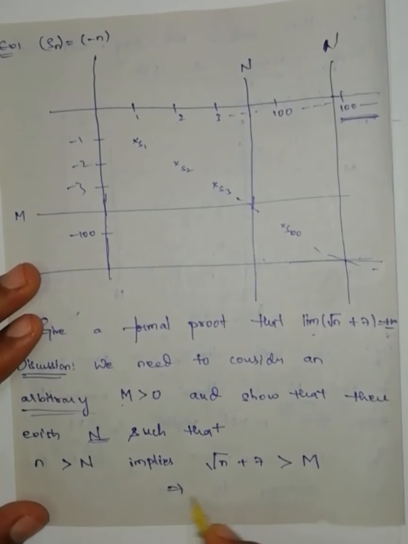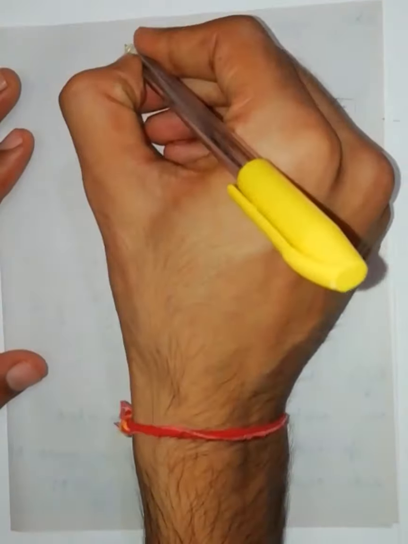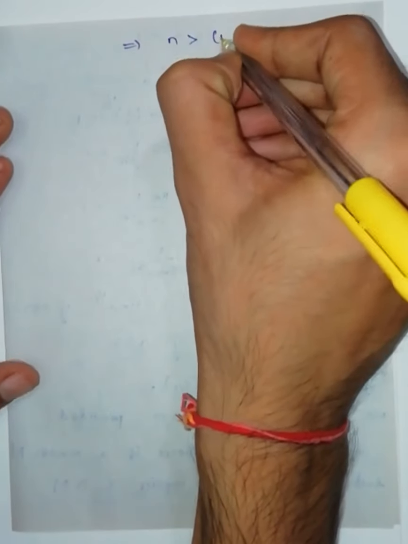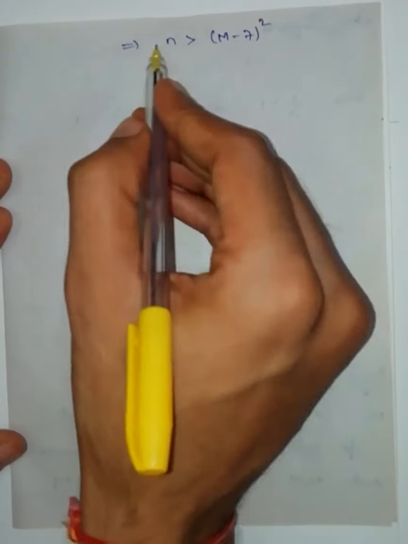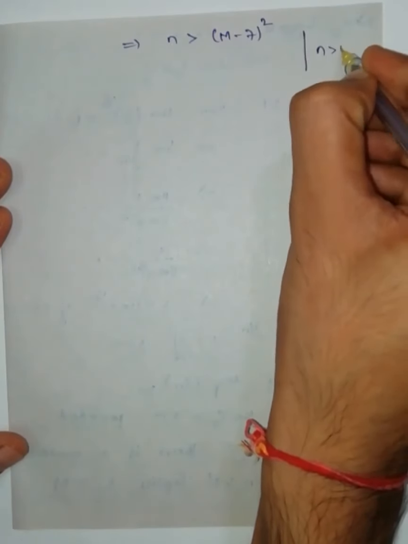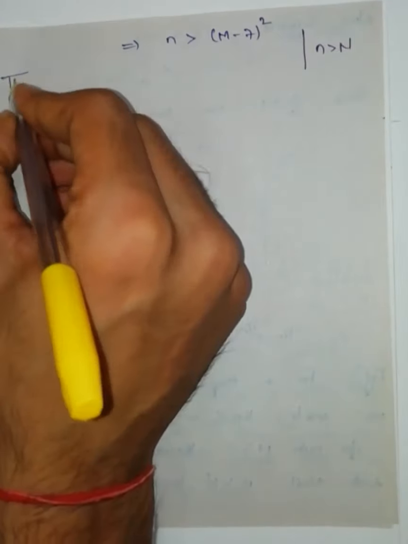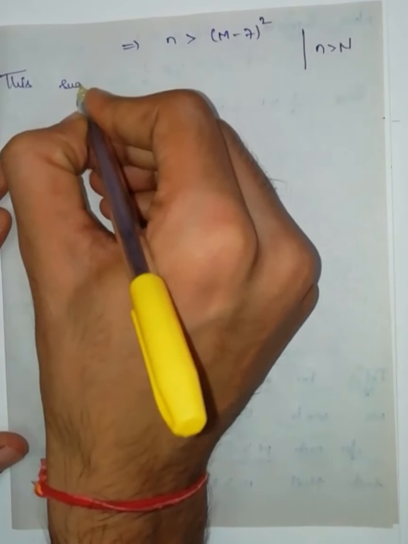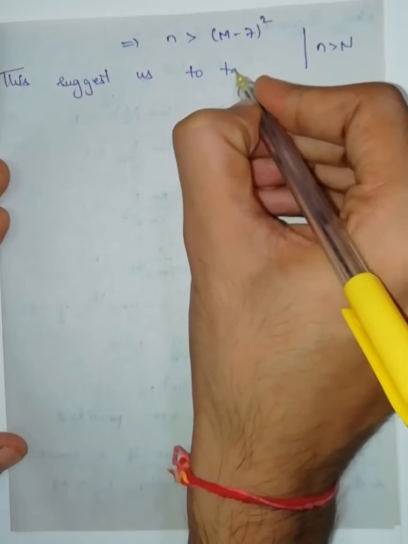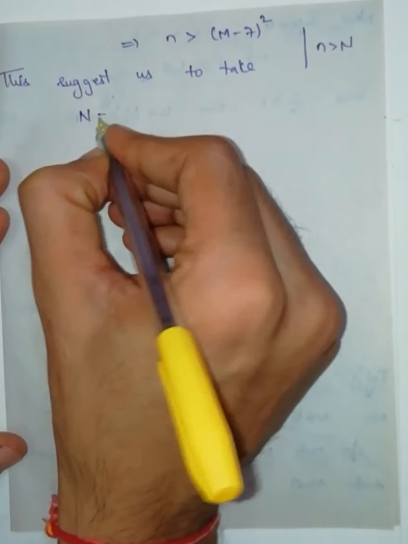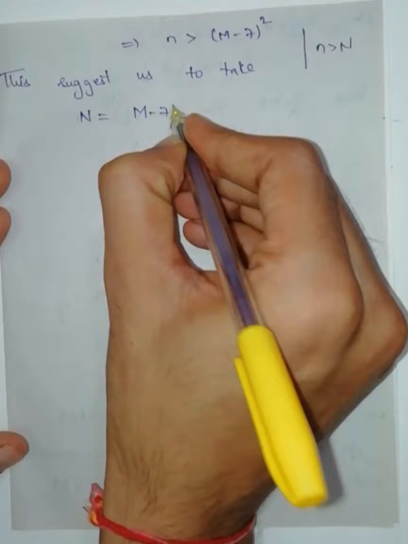So under root n is greater than capital M minus 7. Now squaring on both sides, we get n greater than (capital M minus 7) whole square. It is in the form n greater than capital N. So this suggests we take capital N equal to (capital M minus 7) whole square.